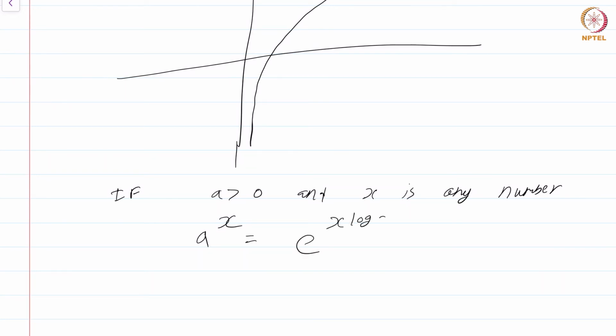This is a long pending definition. We had made this earlier, but without the existence of the exponential and logarithm done in great detail, this definition will not really make sense.